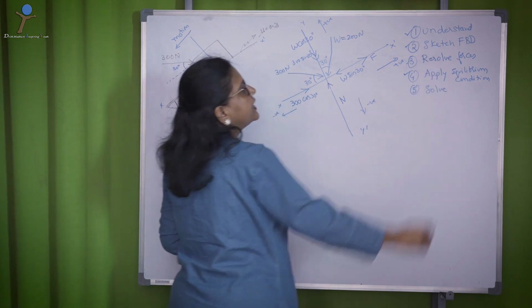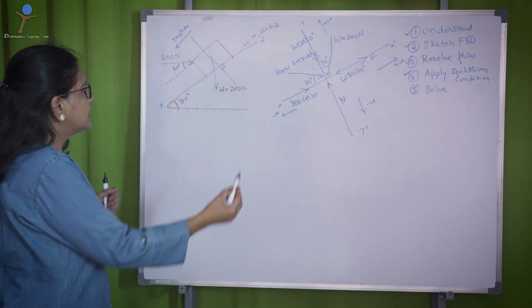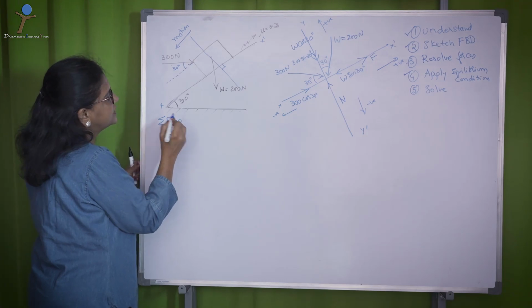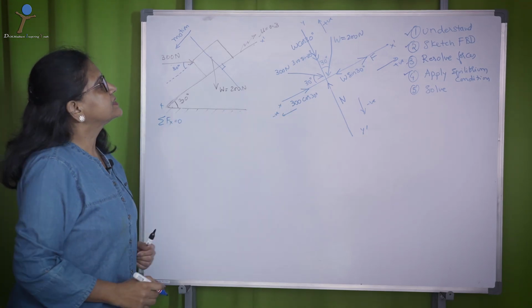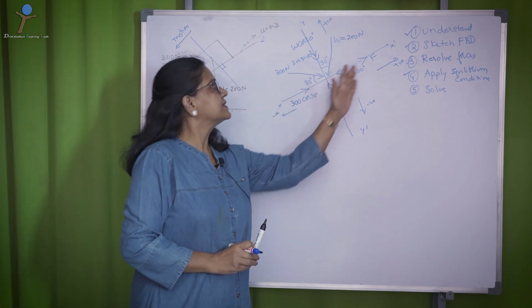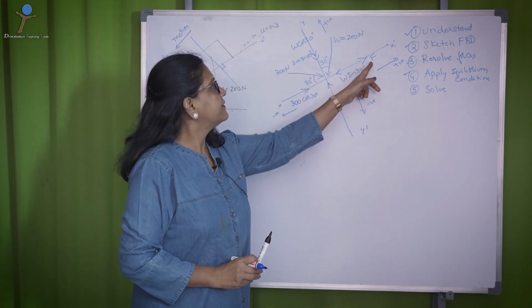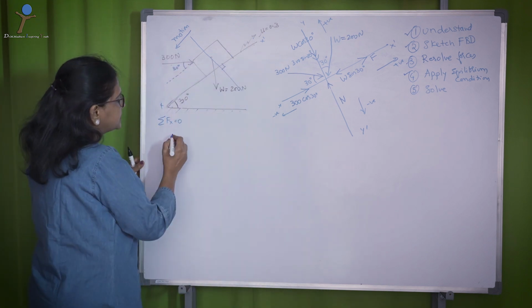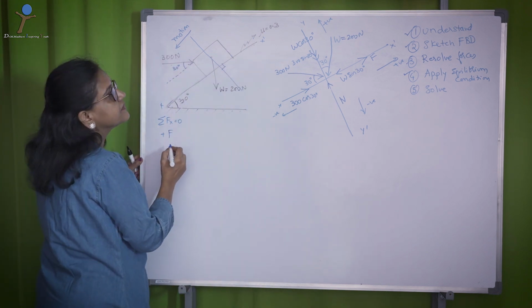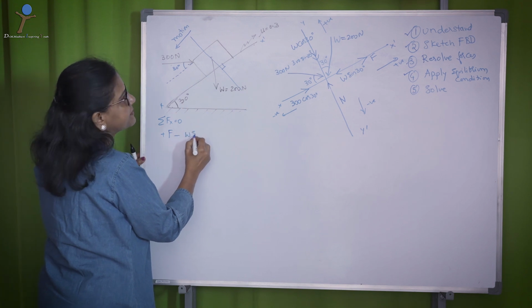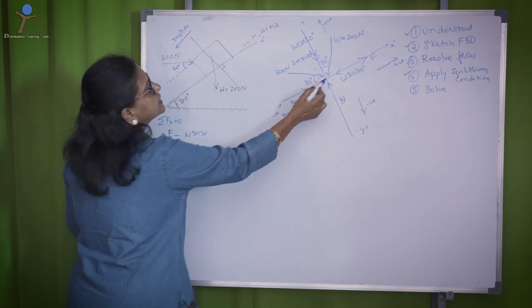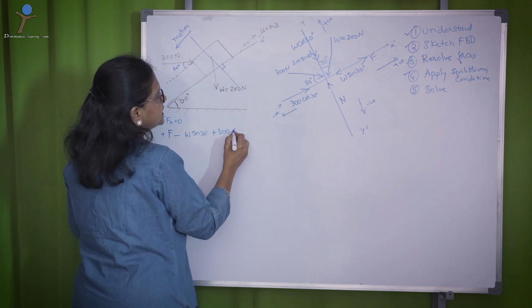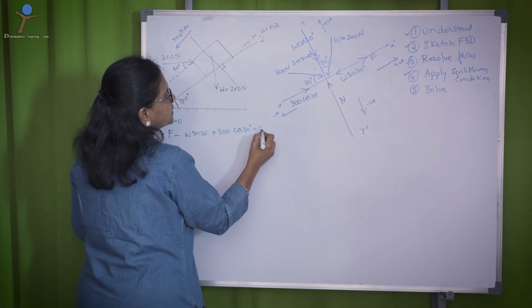Next one is apply equilibrium conditions. Applying equilibrium condition, first one is sigma Fx equal to 0. In sigma Fx equal to 0, what are the forces that are acting on the x-axis? F, W sin theta, 300 cos theta. So, F in that direction is positive, F positive, minus W sin 30 because this is negative direction, and this is again positive direction, plus 300 cos 30 equal to 0.